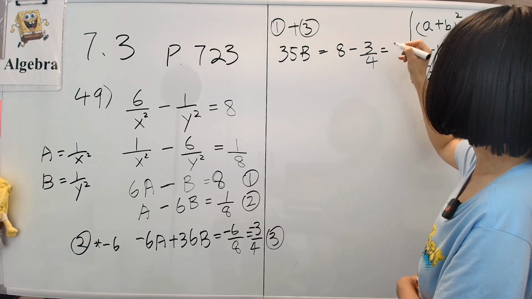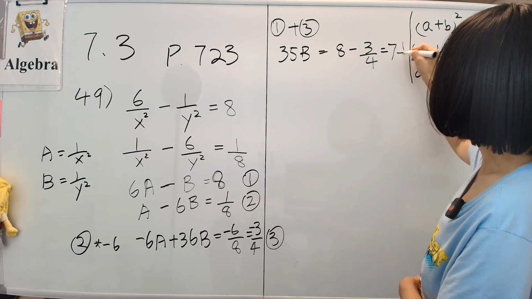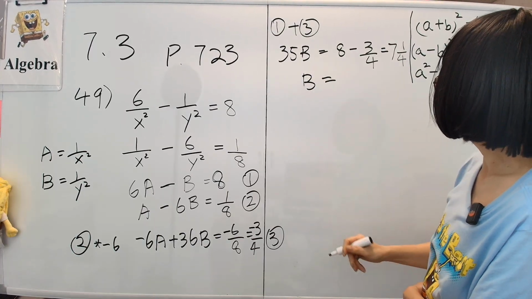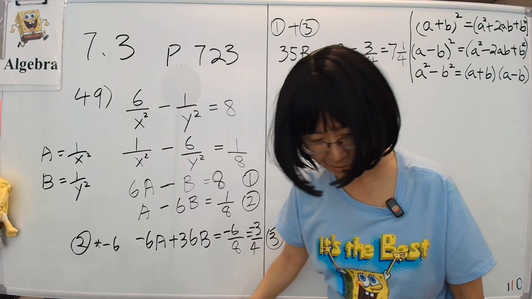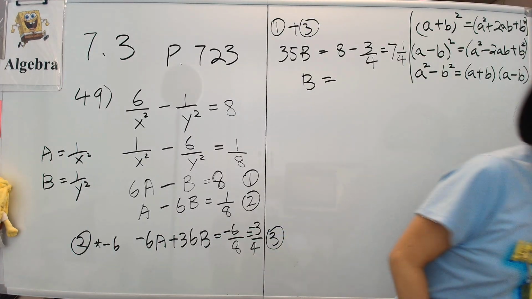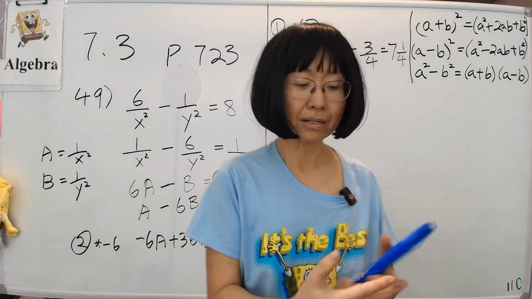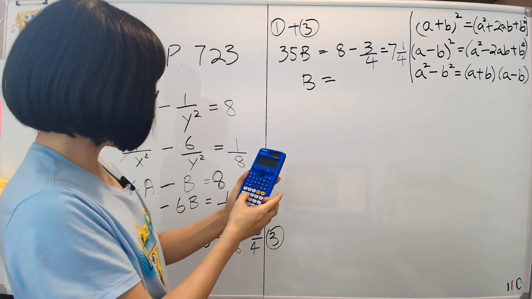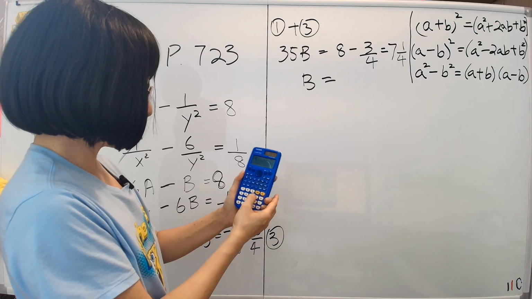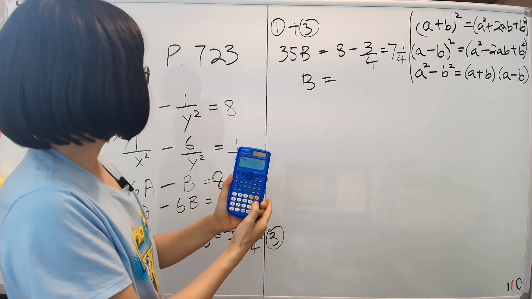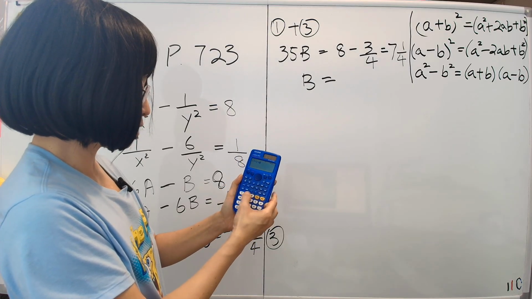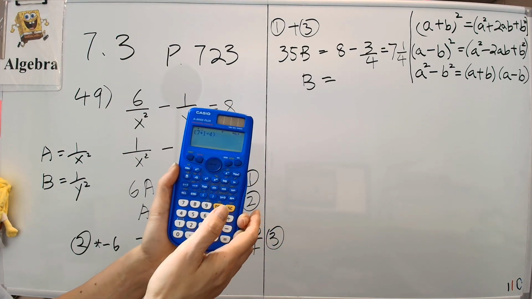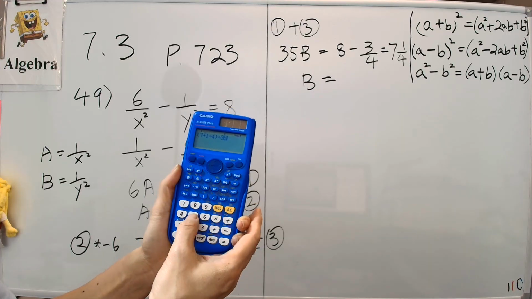So that equals to 7 1/4, and so then b then equal to, let's pull out the calculator again, and I'm going to do this again. All right. So b then equal to 7 plus 1 divided by 4, and then divided by 35.